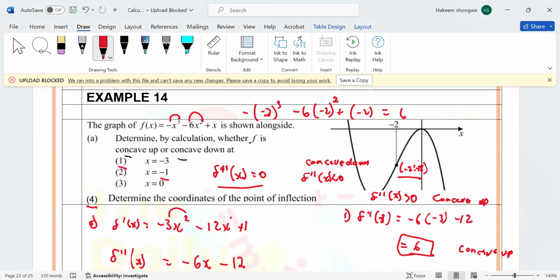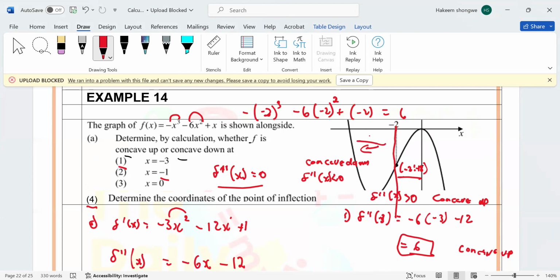What is this one? This one is what we call a point of inflection. As soon as you have a point of inflection, they can ask you for which values of x the function is concave up, and for which values of x the function is concave down. This one is not up, it's not down. If I go this side, is it concave up or concave down? Is it looking upwards or downwards?